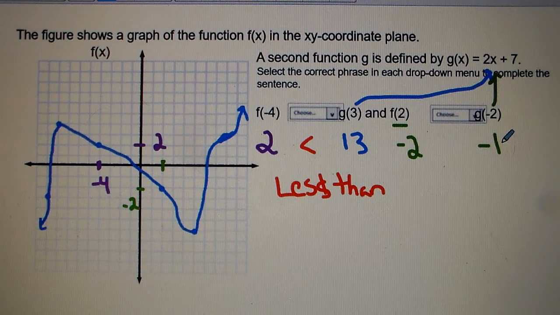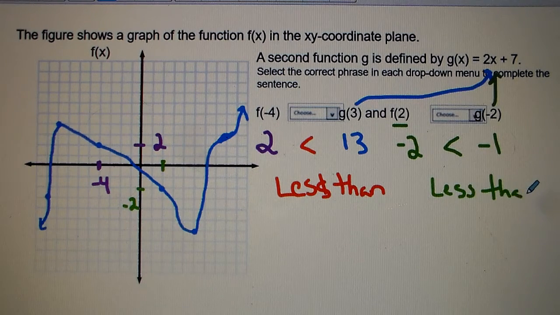Is negative 2 equal to negative 1? Or is negative 2 greater than negative 1? Well, negative 2 is less than negative 1. So in this case, they're both less than. So in your drop-down menu of A, B, C, D, you want to look for less than and less than. And that'll be your correct answer.